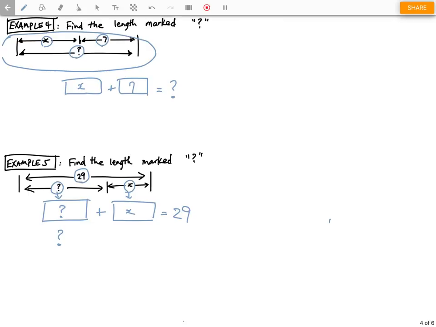So in this case, you subtract x and you subtract x. So question mark equals, and then x minus x gets eliminated, and then 29 minus x. So question mark equals 29 minus x.